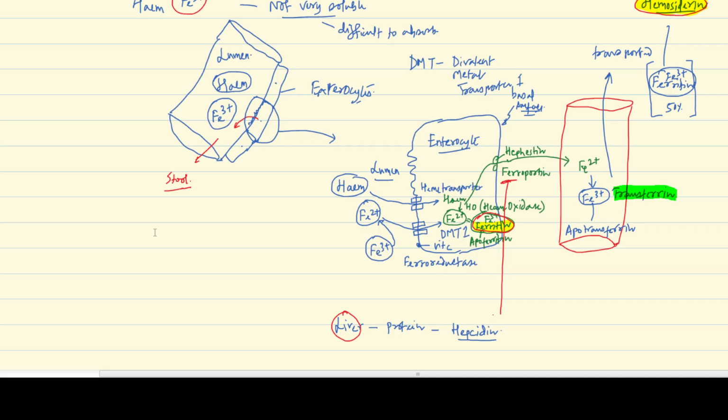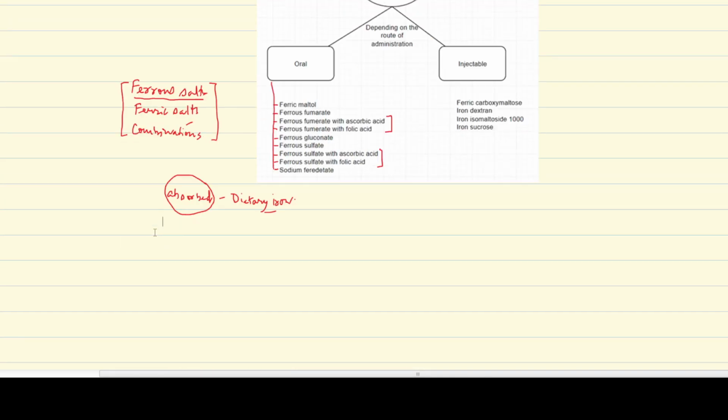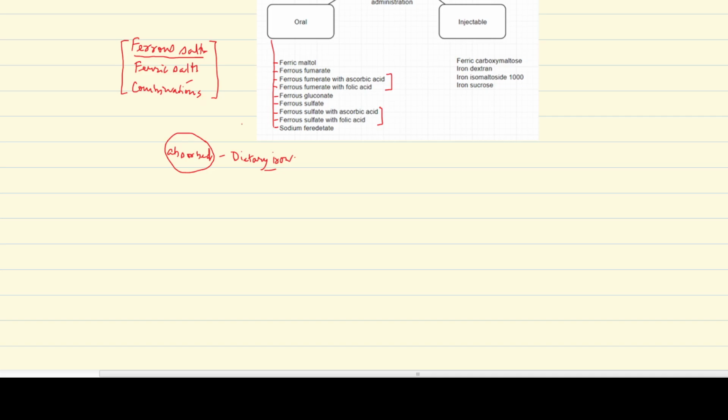So it would be a good idea to revise this part of the discussion. They are absorbed, distributed, and metabolized and excreted similar to the dietary iron that we have discussed in the previous lecture.